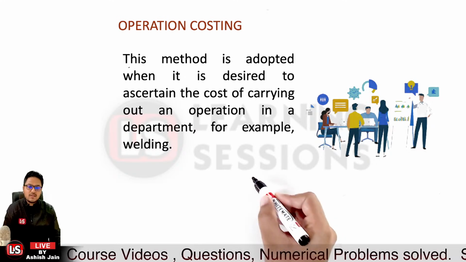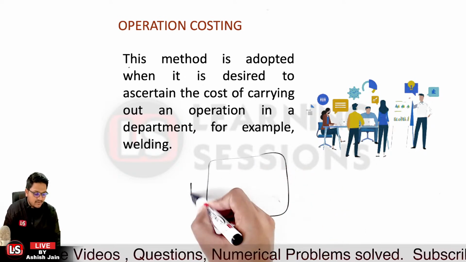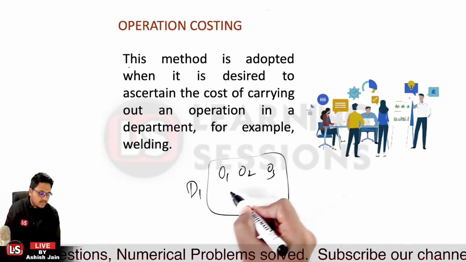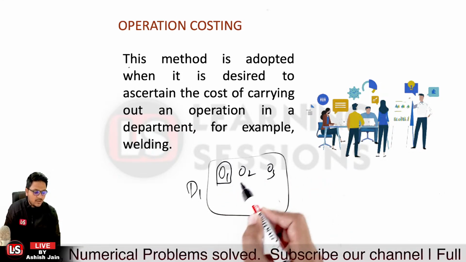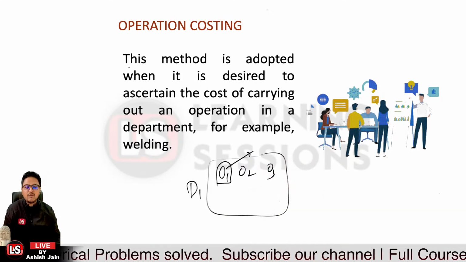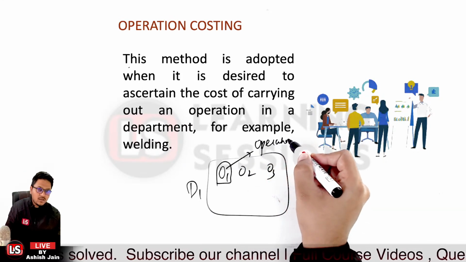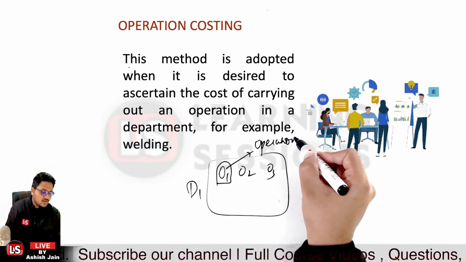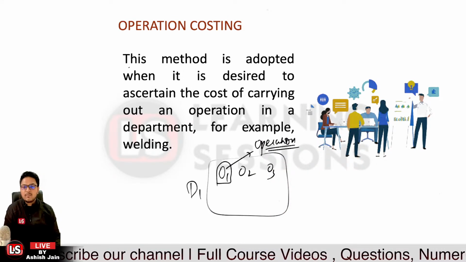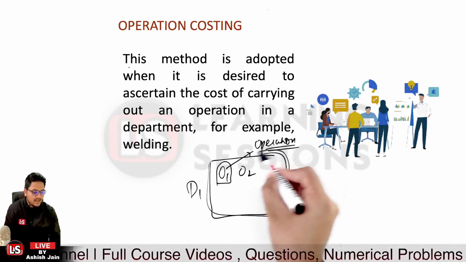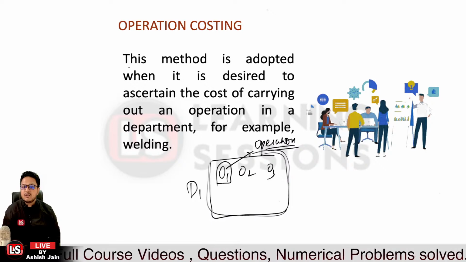Suppose we have department D1 and multiple operations O1, O2, O3 being performed, and we are concerned about O1 only. Then what type of costing would be applicable? It will be operation costing. But when we are concerned about the costing of the full department, it will be departmental costing.